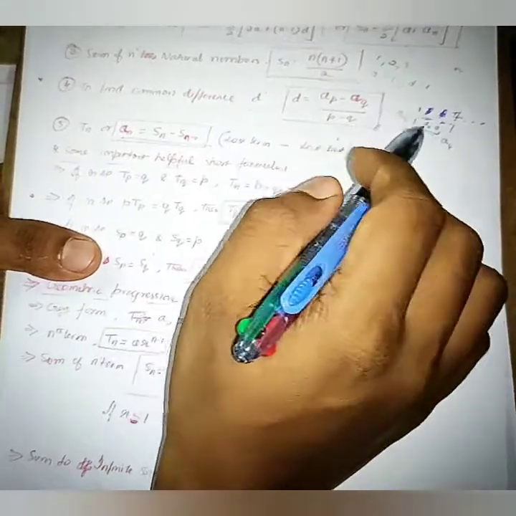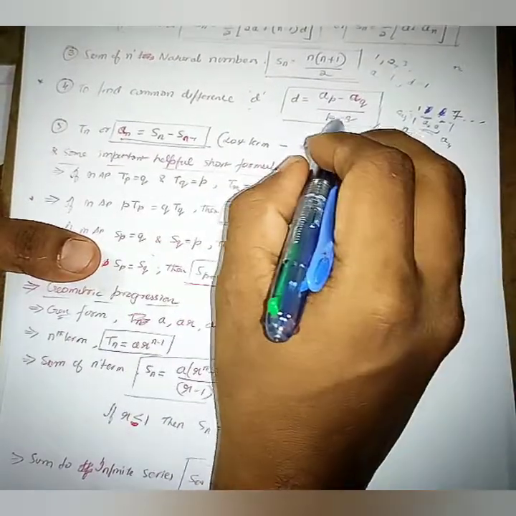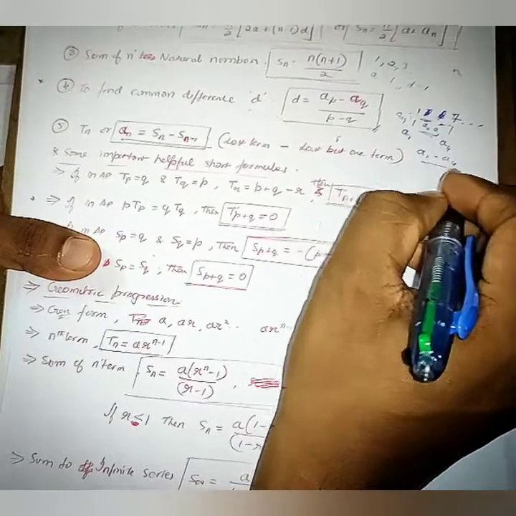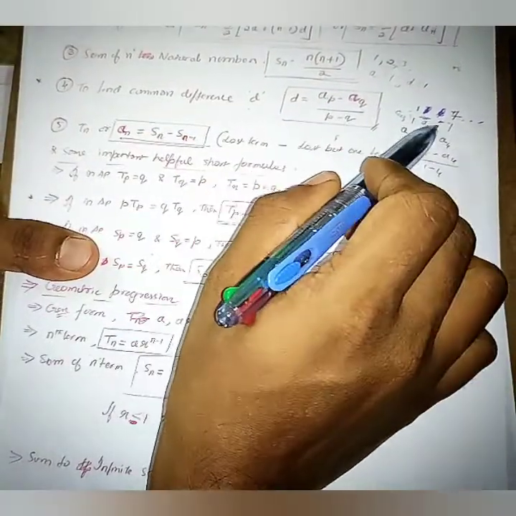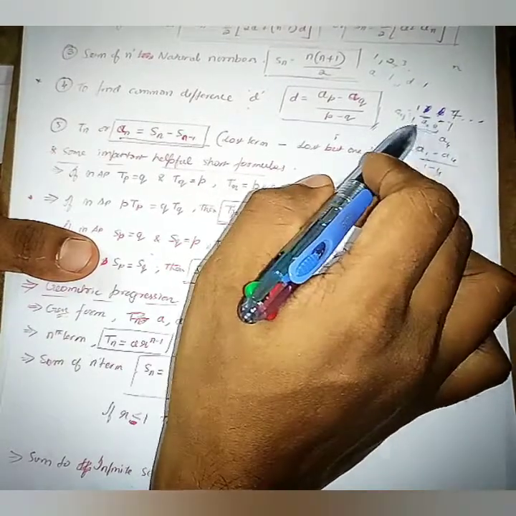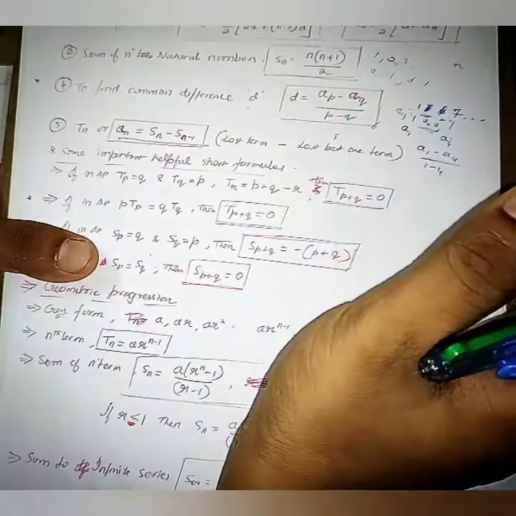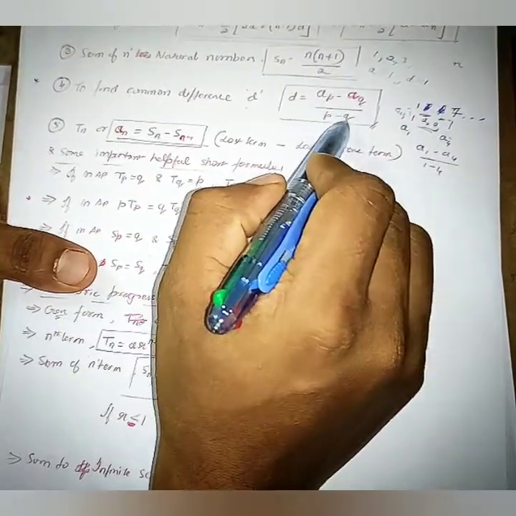Or else there is a direct formula I can think of here, that is (AP minus AQ) divided by (P minus Q), that is (A1 minus A4) divided by (1 minus 4). I hope you understood what it means. Here any random terms are given. It need not be the fourth term, it can be the 24th term also, first term and the 24th term given. It will be (A1 minus A24) divided by (1 minus 24).